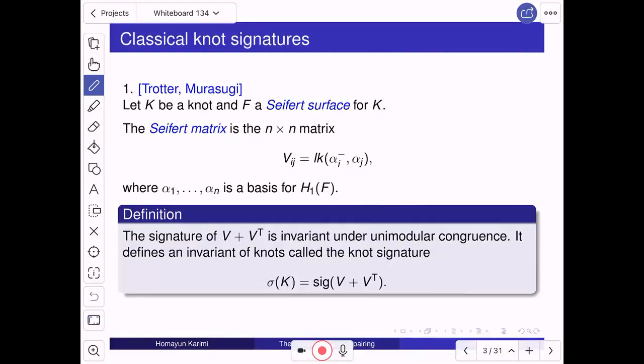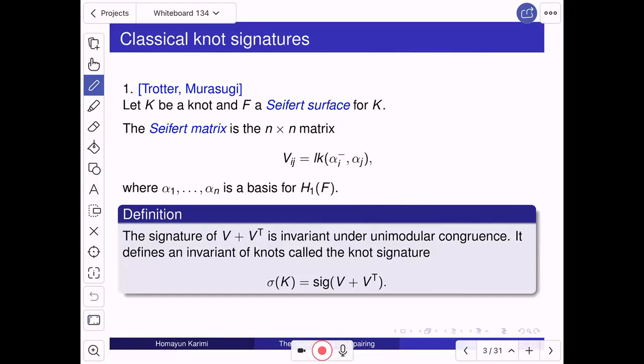It's an n by n matrix, and the entries are defined as follows: you take a basis alpha 1 up to alpha n for the first homology of the surface F, and you take the linking number of each alpha i with the push-off of alpha j. That determines an n by n matrix for us.